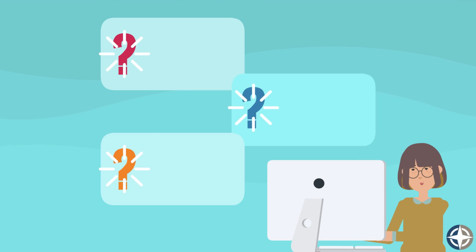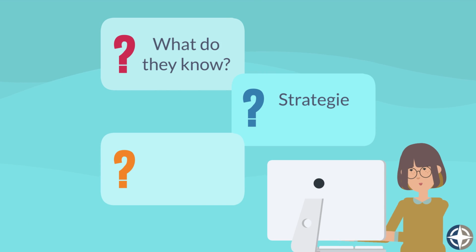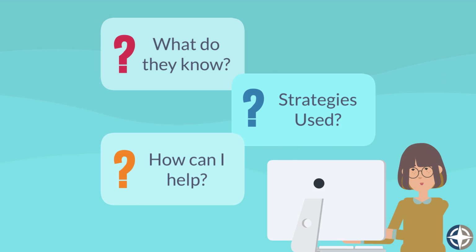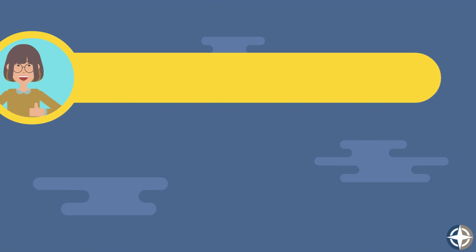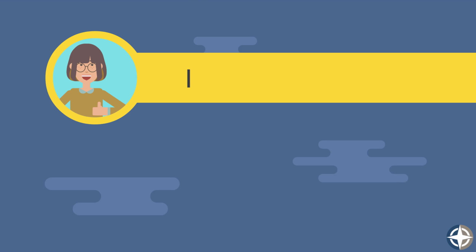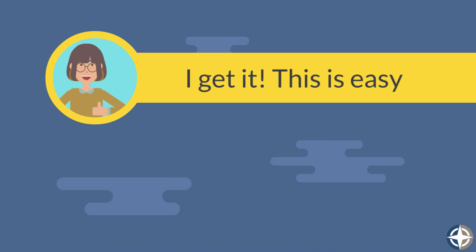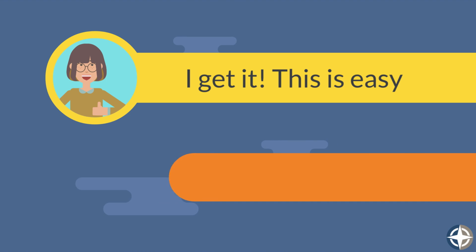What do they know about the topics being taught? What strategies have they used in the past? Are there any gaps or inaccuracies that you might be able to help them with? In essence, if the lessons are presented in a way that is similar to the learner's current mental models, they will find it more intuitive and easier to follow along.